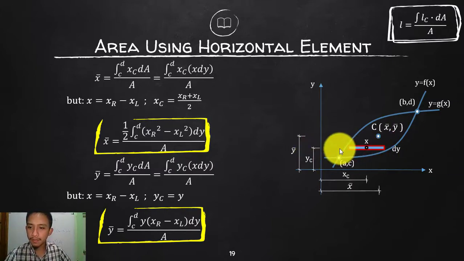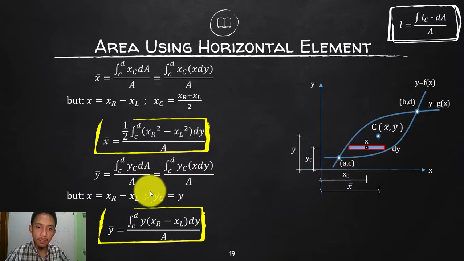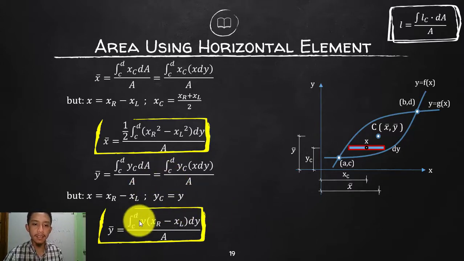So the location of the center of that strip is actually just the distance from the origin. So what is the distance from the origin? That is y. Therefore your y sub c here is just y. So all I need to do is plug in y. I do not need to be changing that y upper, y lower, because that is already a variable y, and what we need is a variable y.